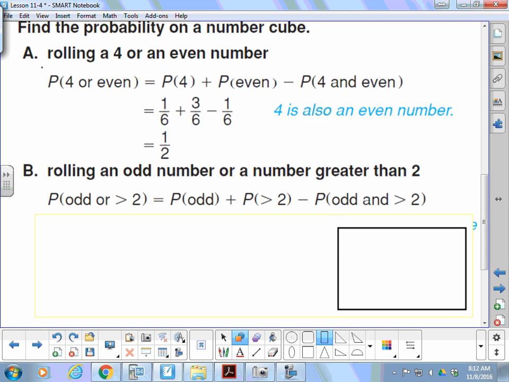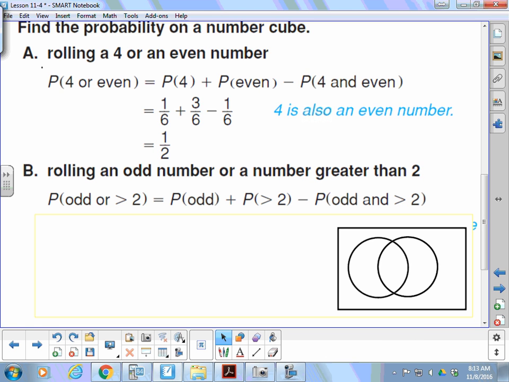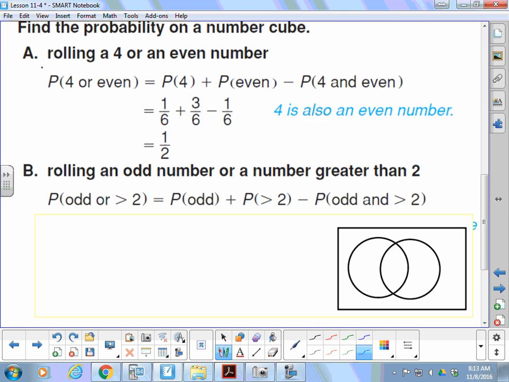All right, so we've got 2 circles. They're going to overlap. In here we have odd numbers, so 1, 3, and 5. And then we have numbers greater than 2. The first thing I want to do when I'm doing this is think about what they have in common.